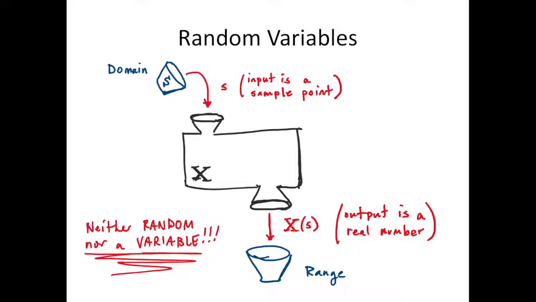So why do we call them random variables? Well, in one way you can think about it is that before you perform the random experiment, you don't know what value this random variable will take on. Once you roll the dice and you get a 3 and a 4, then you know this random variable will take on the value of 7.